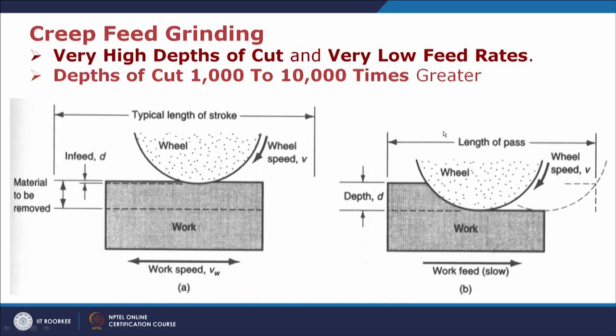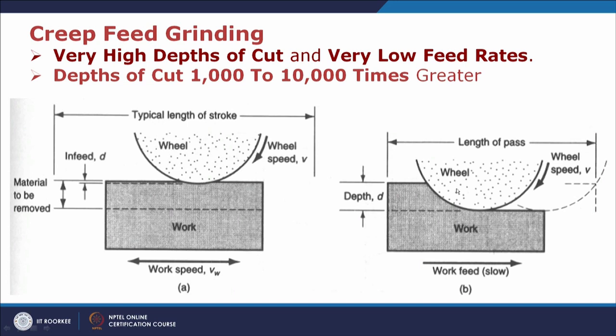Now creep feed is another grinding process wherein a very high depth of cut and very low feed rates are used. Depth of cut can be as high as 1000 to 10,000 times greater than what is used in conventional grinding processes. This is shown schematically in these two diagrams. Here this is the grinding wheel and the workpiece, and the infeed or depth of cut is very little.